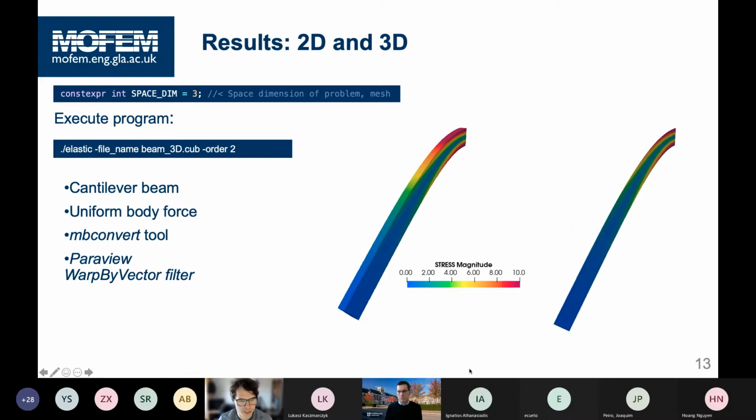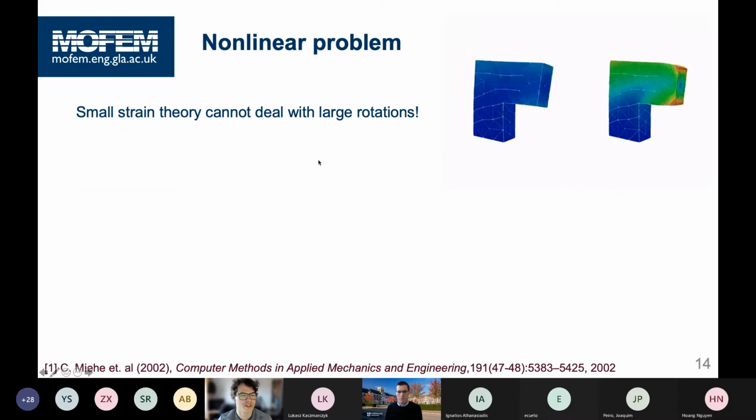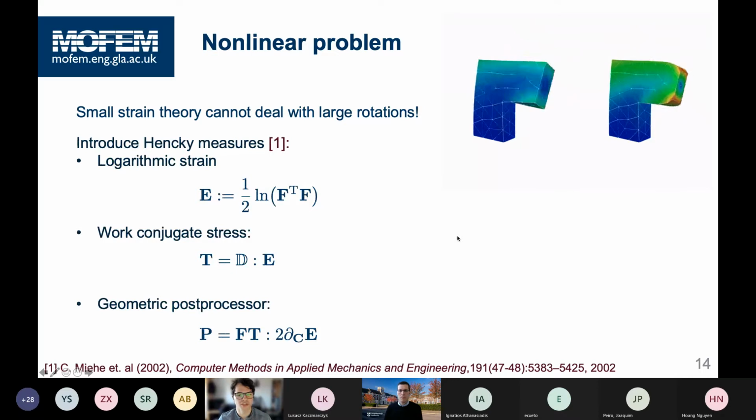Small strain formulation, it is well known, in fact, cannot deal with large rotations. In order to better visualize this, I applied only rotation on this simple toy example to show you how it generates some spurious deformation in case of large rotations.